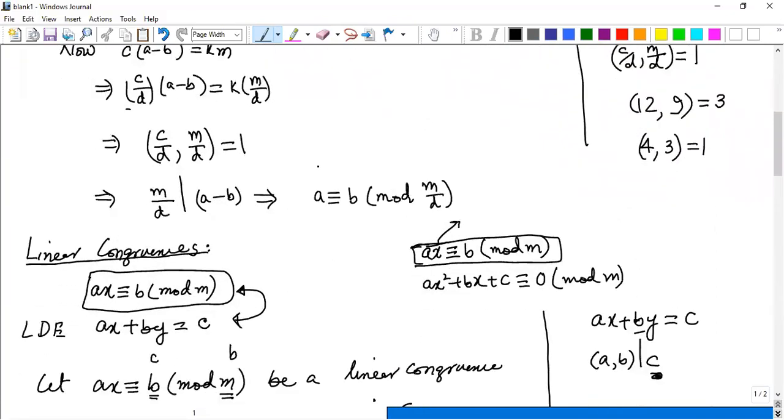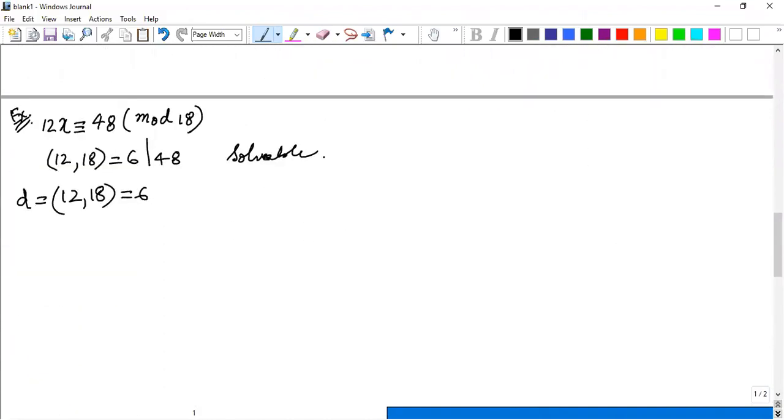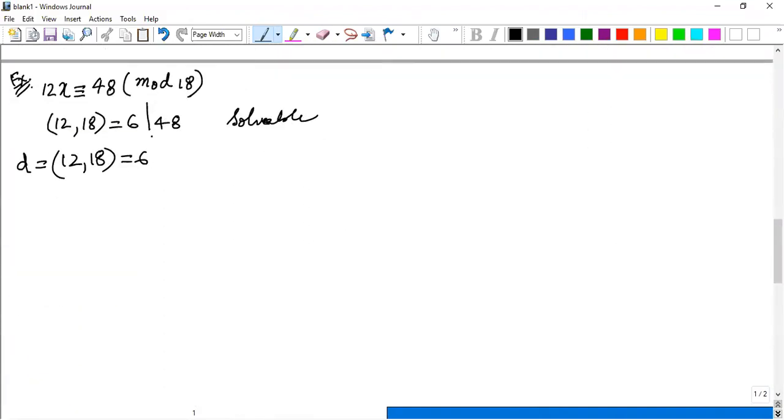Similarly, in the linear congruence, 12 and 48, the common factor is 12 on both sides.